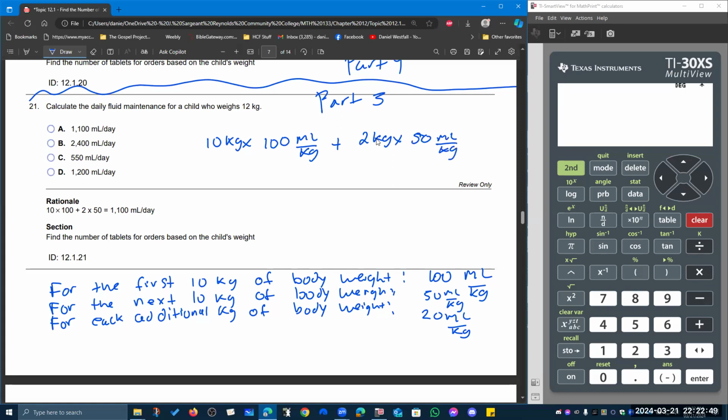This number could go up to 10, but it did not. So kilograms will cancel here. Kilograms will cancel here. 10 times 100 is 1,000. 2 times 50 is 100. These are both milliliters. And we should have 1,100 milliliters a day when we're done.